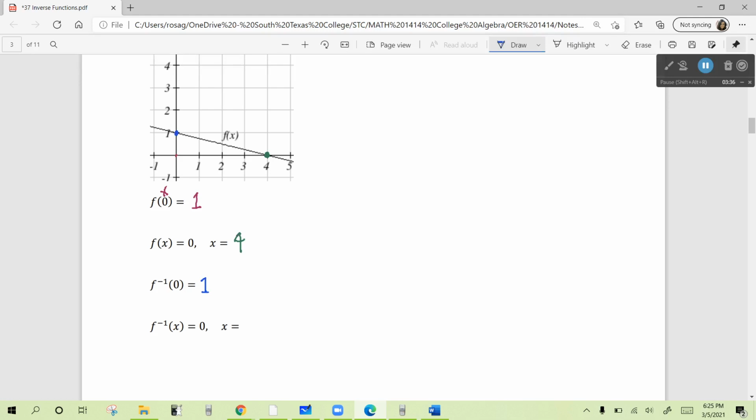If the inverse is 0, this one we are looking at 4 because they flip. So this one you're looking at the x 0, this would be 1.